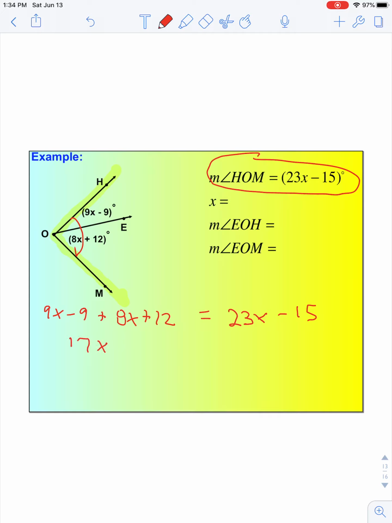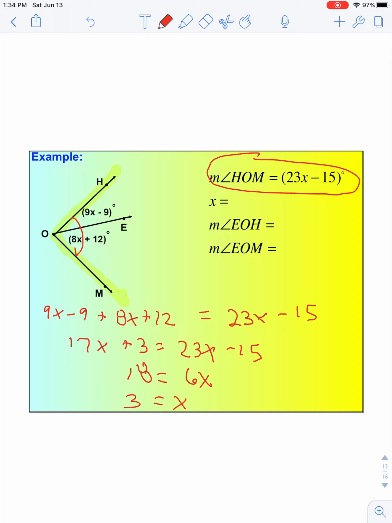So when we combine like terms, we get 17x plus 3 equals 23x minus 15. Now we need to get all the x's on one side, the numbers on the other. So I'm going to choose to keep the x positive. I am going to subtract 17x, which will give me 6x over here, and I'm going to add 15 on the other side, which is going to give me 18.